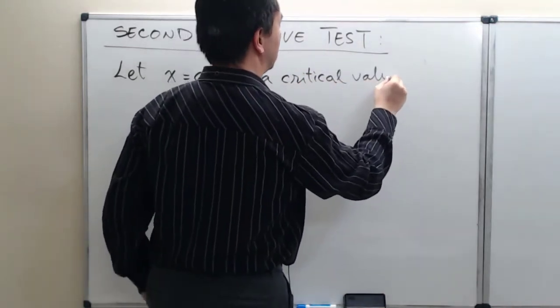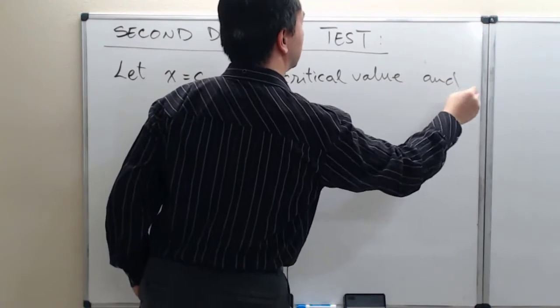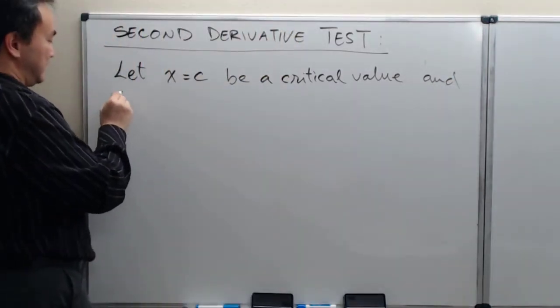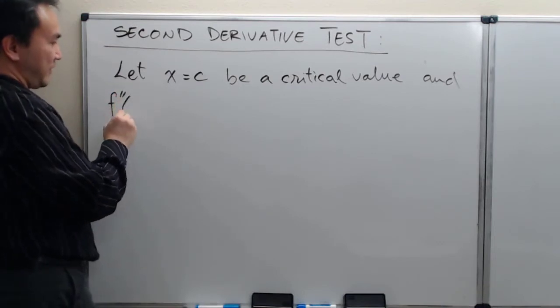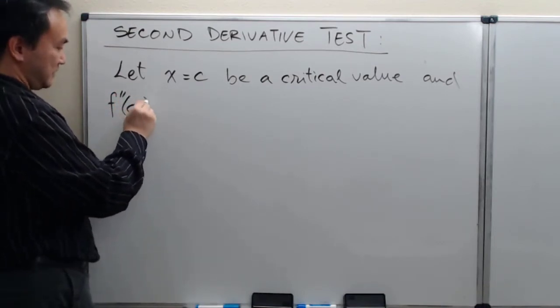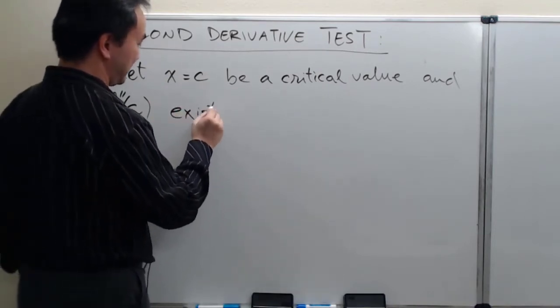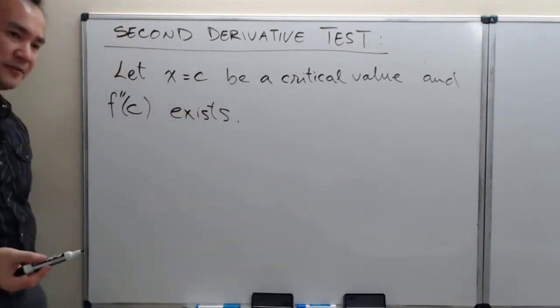Critical value, and assuming that the second derivative of our function at the critical value exists or is defined. That's the first critical thing.